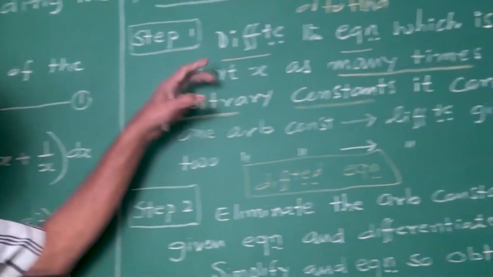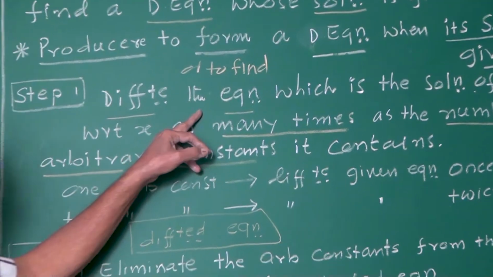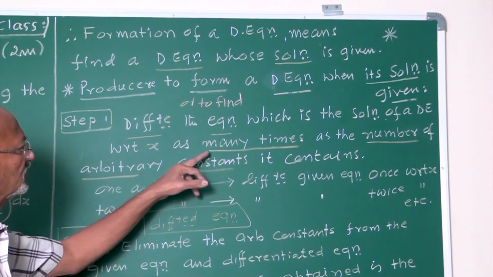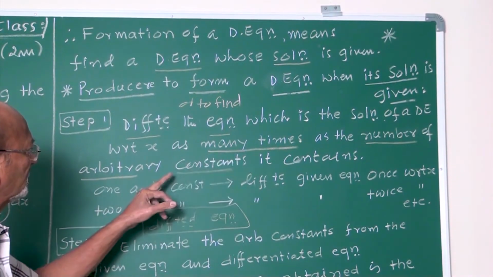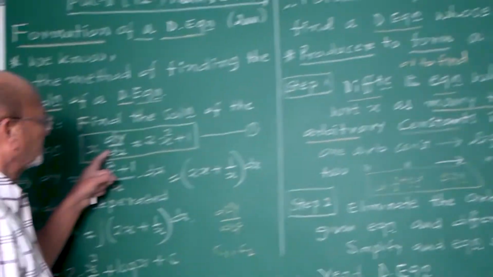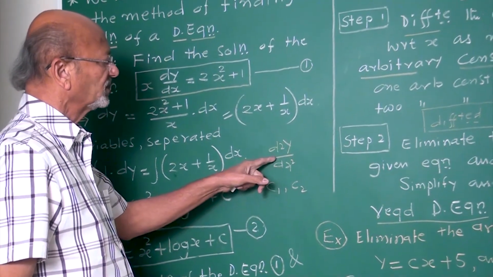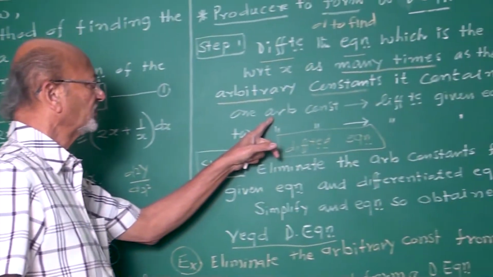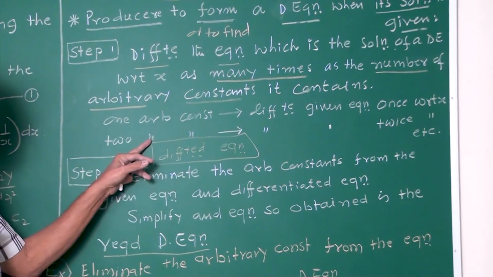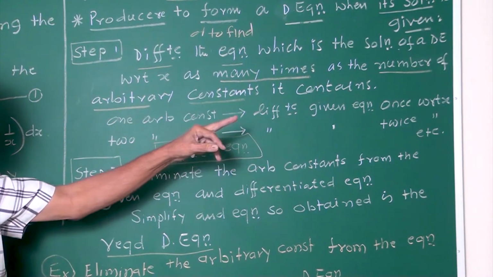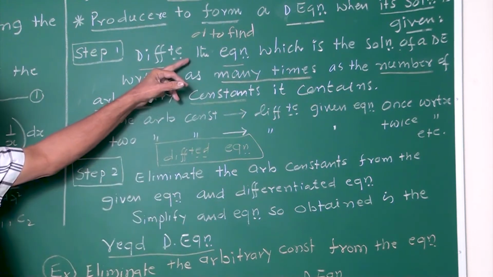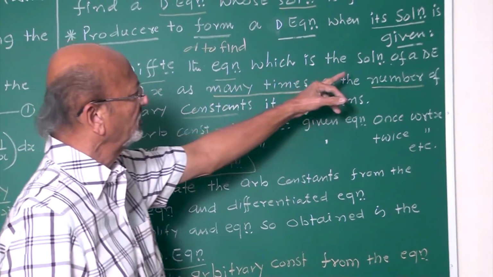In the first step, differentiate the given equation, which is the solution of the differential equation, with respect to x, as many times as the number of arbitrary constants it contains. If it contains one, differentiate once. If it contains two, differentiate twice. The same thing I have written. Then, first is the solution, which is the given equation.